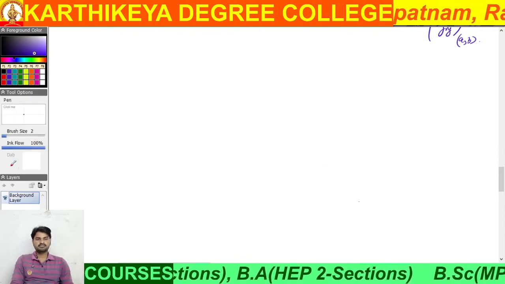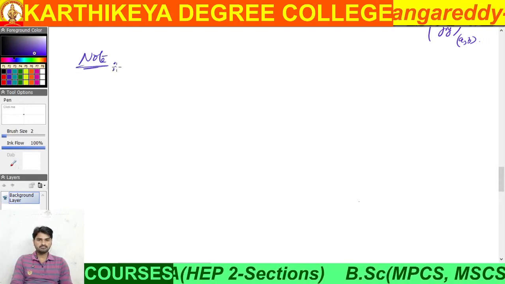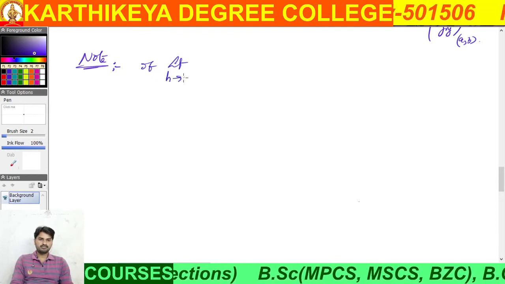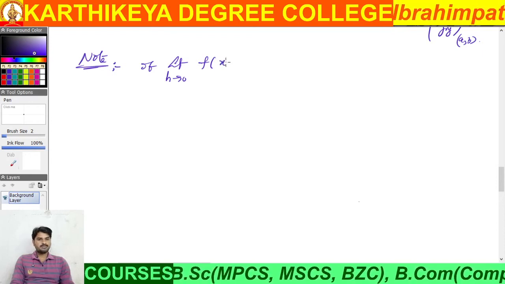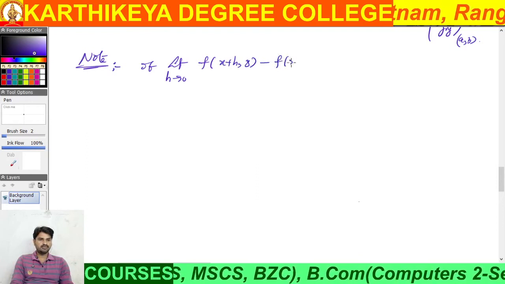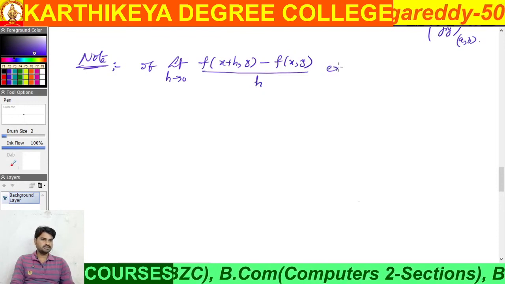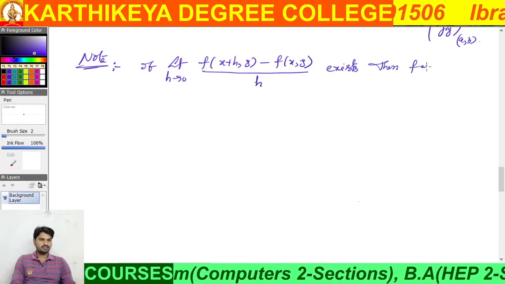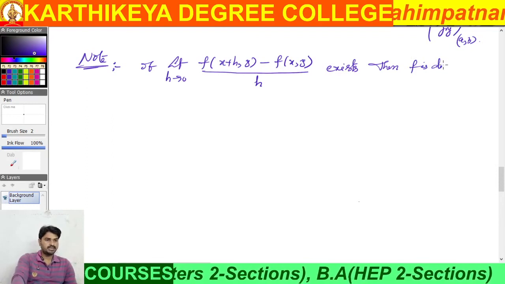Note this point: if the limit as h tends to 0 of f of x plus h, y minus f of x, y by h exists, then f is differentiable with respect to x partially.